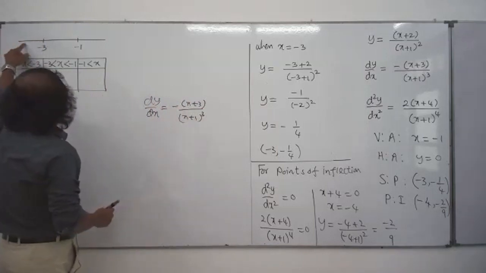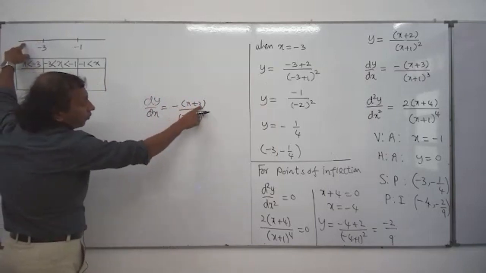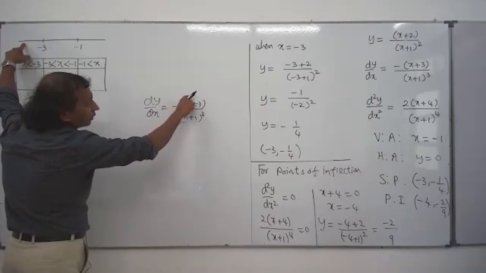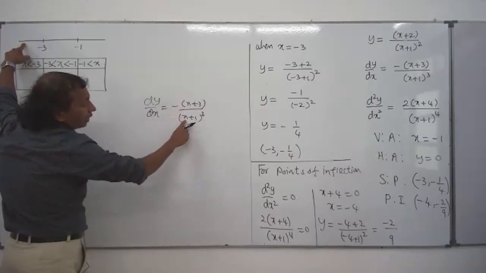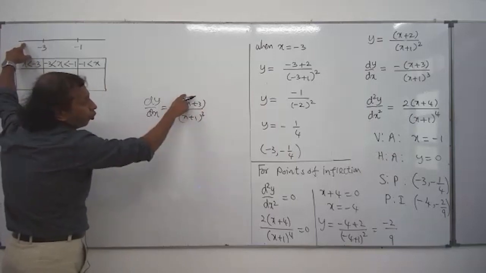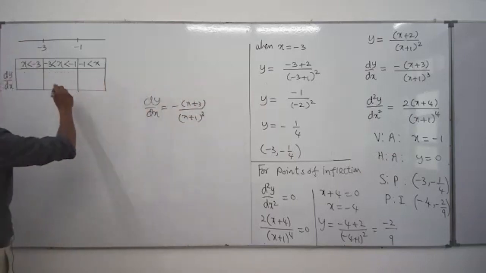I take -10. -10 plus 3 is -7, and with this minus sign the numerator is plus. Denominator: -10 plus 1 is -9, and -9 to the power 3 is minus. Numerator plus, denominator minus. Plus by minus is minus. So this is minus.